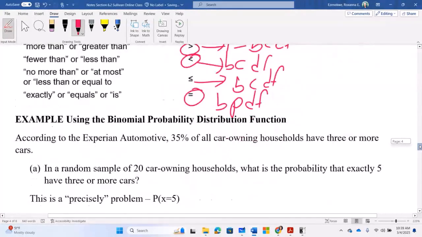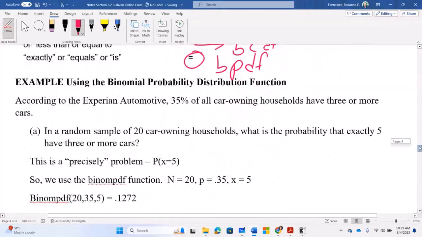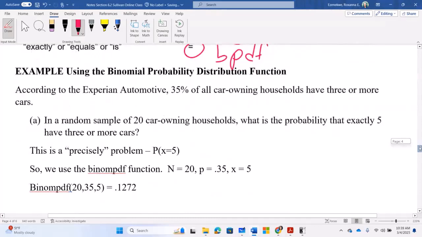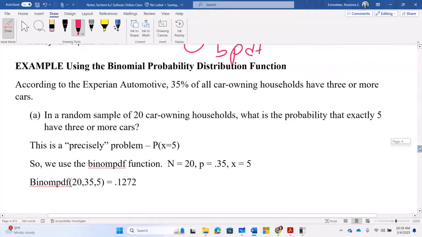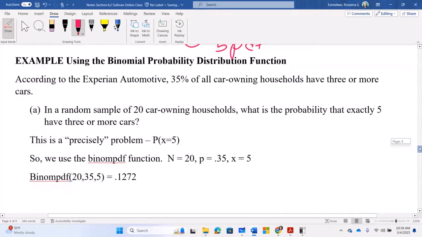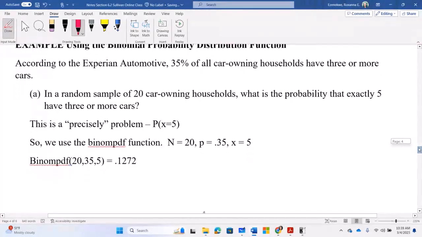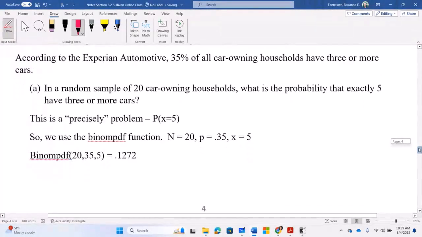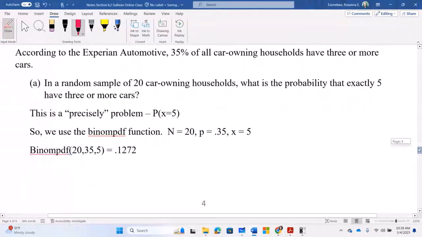Okay, example, using the binomial probability density function. According to the experiment, automotive, 35% of all car owning households have 3 or more cars. In a random sample of 20 car owning households, what is the probability that exactly 5 have 3 or more cars?